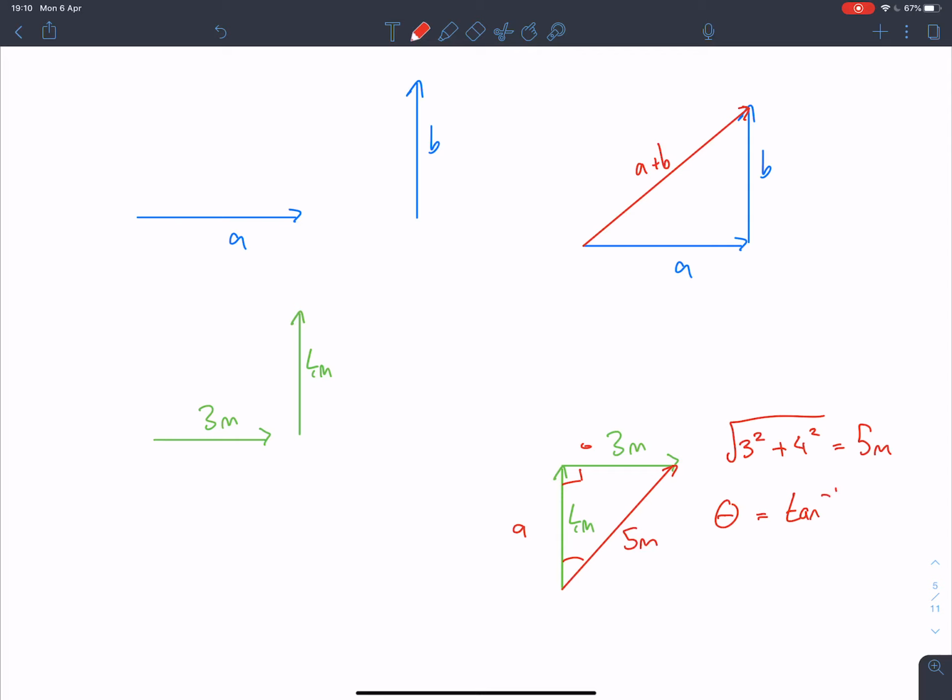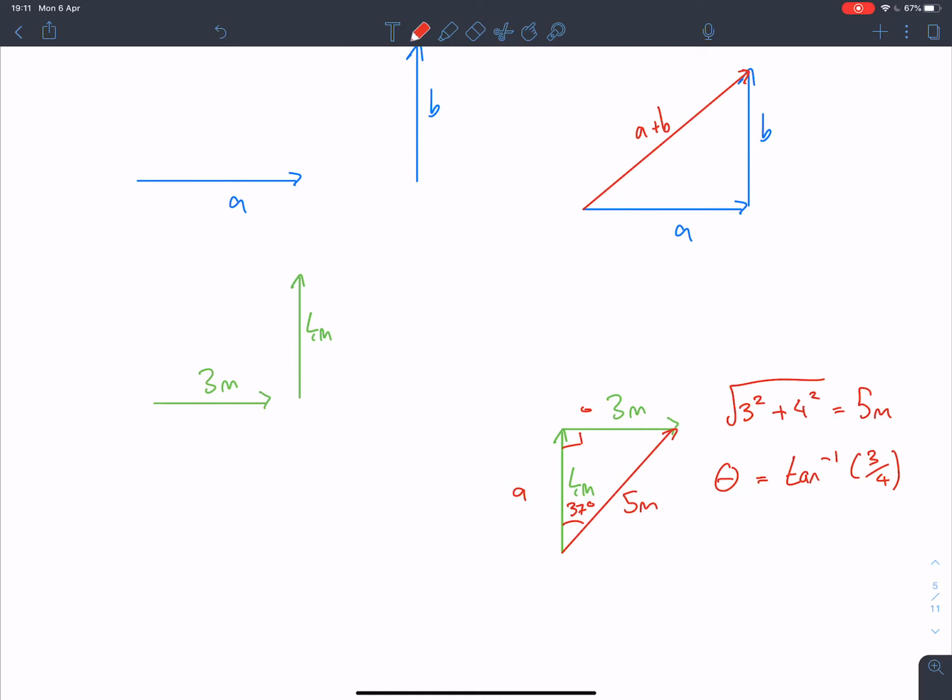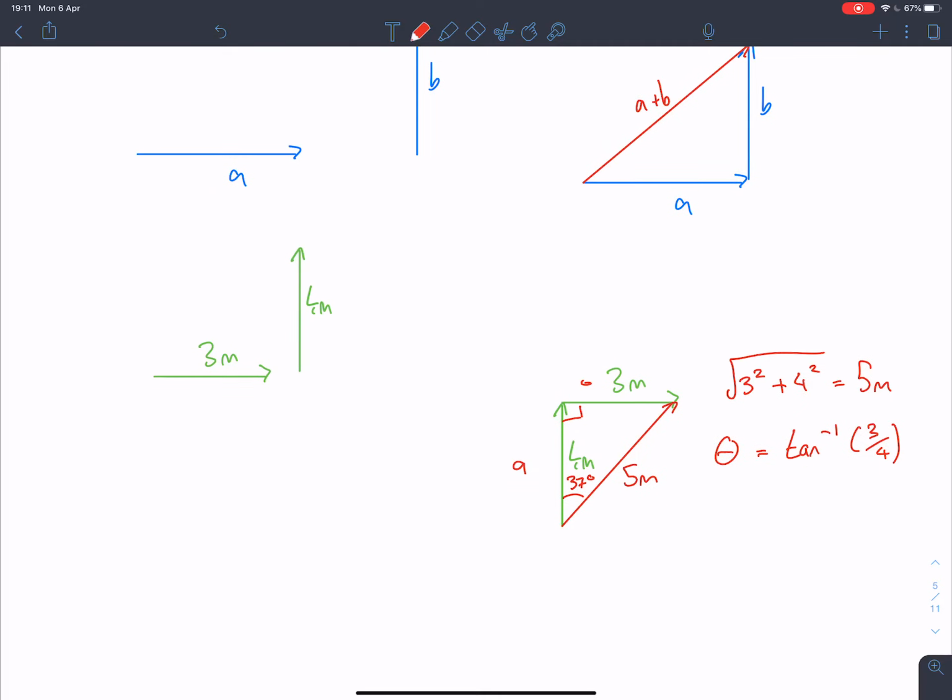So my inverse tan of 3 divided by 4 will equal, let me just plug that in, 37 degrees. Okay. So what we found there is the angle from which I started, from north, essentially. Okay, so that's adding two perpendicular vectors together.